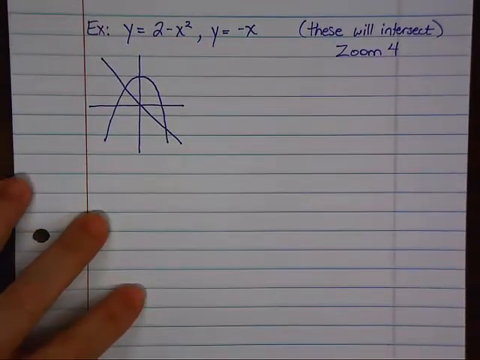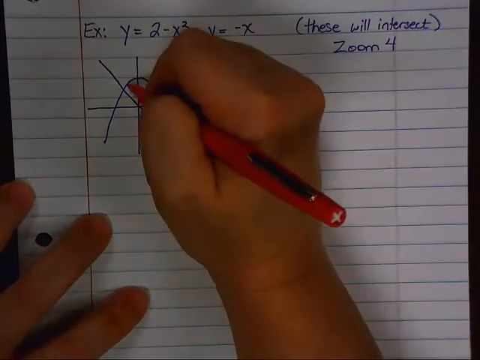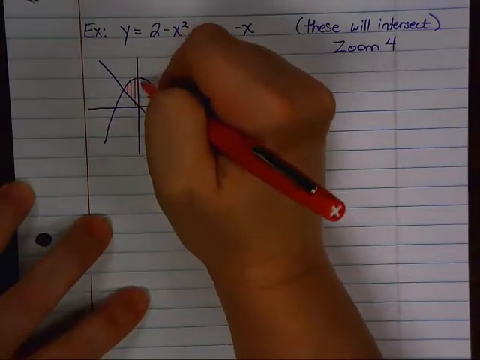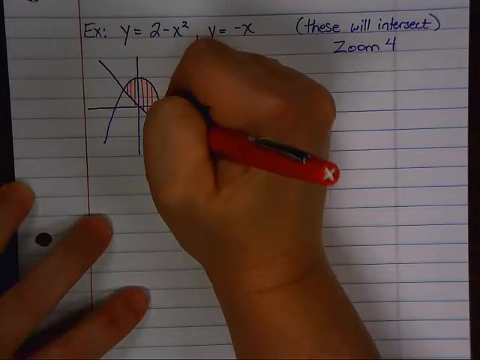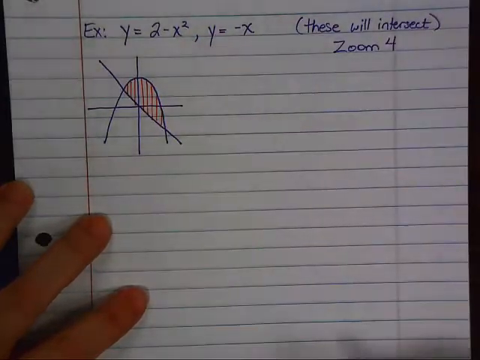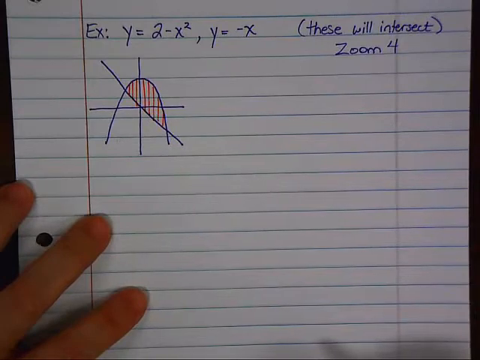I want you to draw vertical lines in here like you would be drawing rectangles. And there's a reason for this. It's really not going to make a difference today, but it will tomorrow. This is a way to basically shade the area we're talking about.